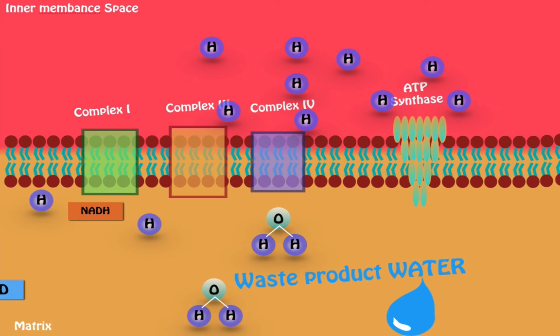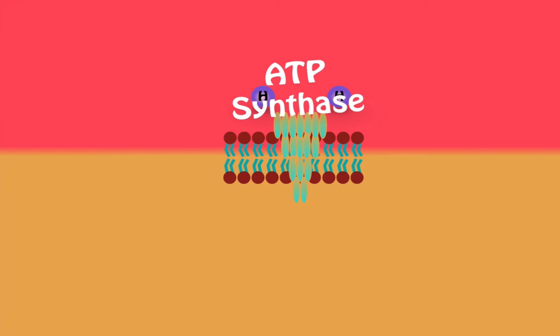So again, if you remember our equation for cellular respiration, one of the waste products is actually water, along with carbon dioxide, which was produced back in the Kreb cycle and glycolysis, or Kreb cycle actually. So now we're going to pay attention to ATP synthase.